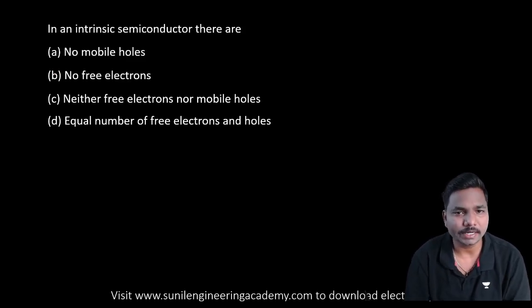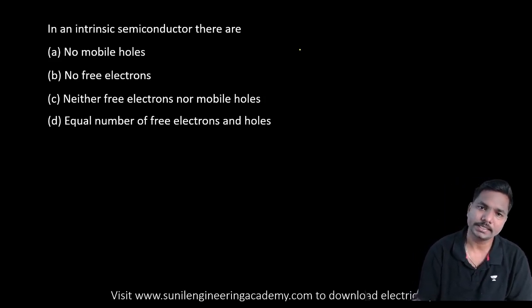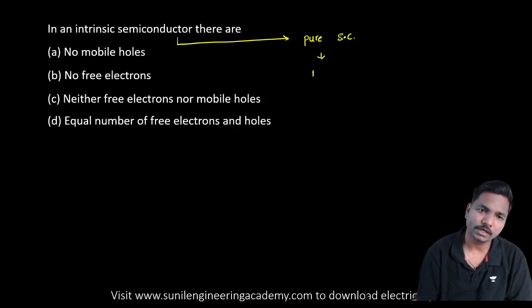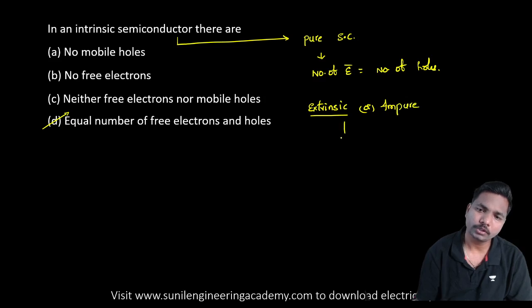In an intrinsic semiconductor, there are dash. In the previous session, we have already discussed intrinsic, in the sense that is pure semiconductor. In case of pure semiconductor, number of electrons is equal to number of holes. So equal number of electrons and holes. And in case of extrinsic or impure, we have two types now.